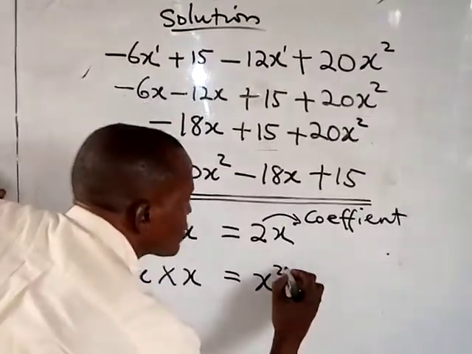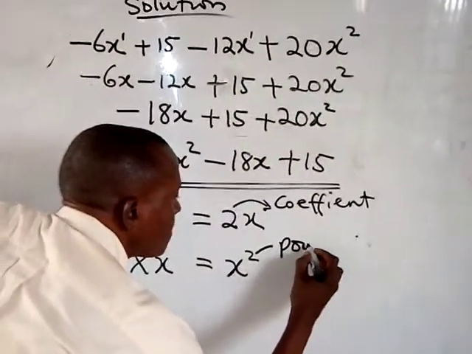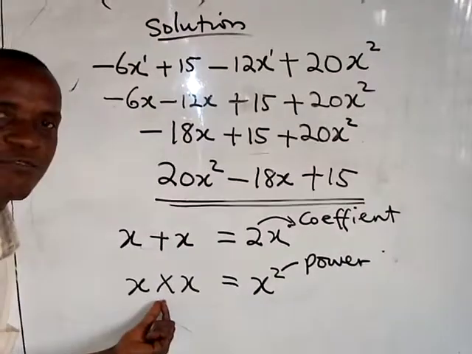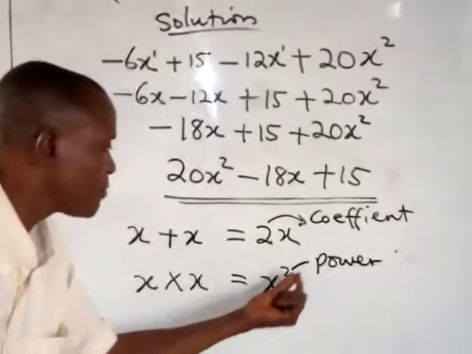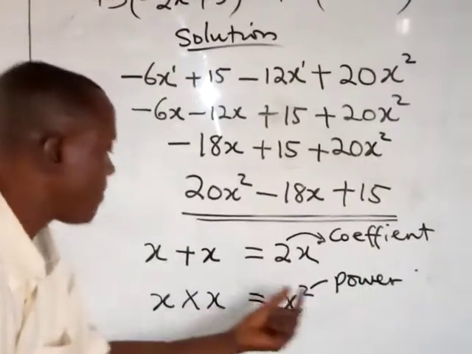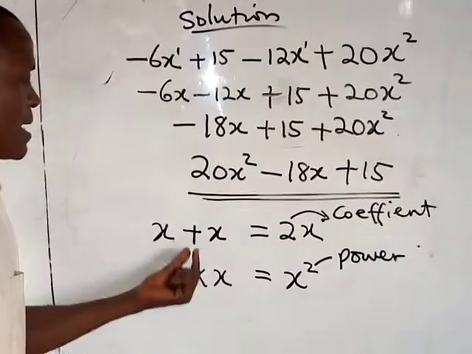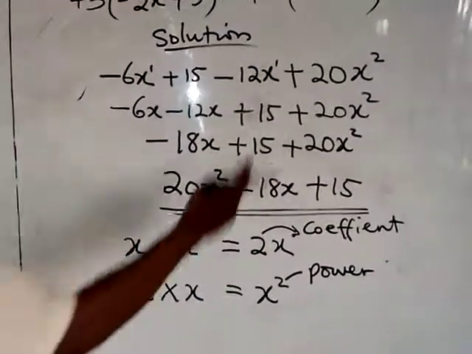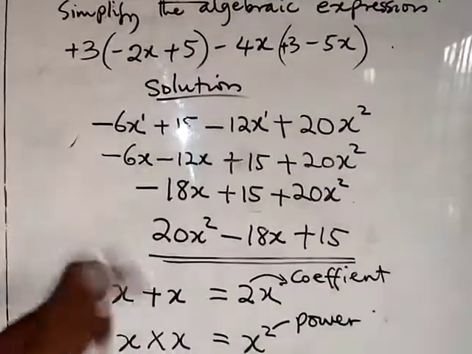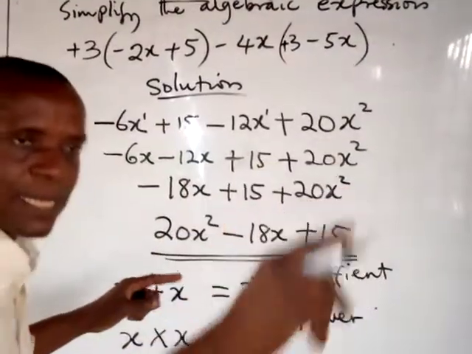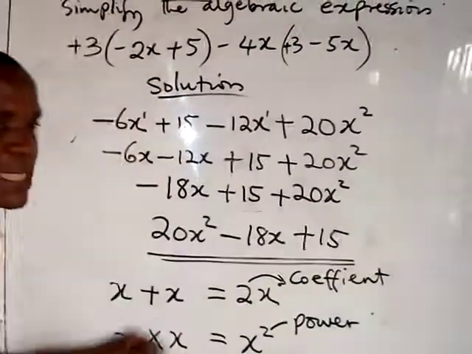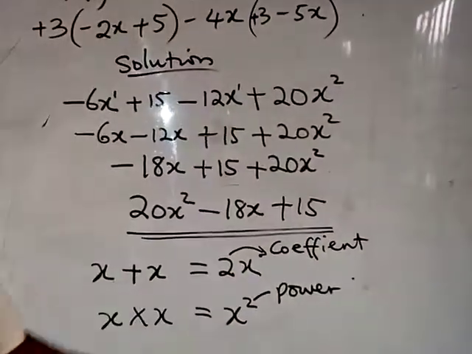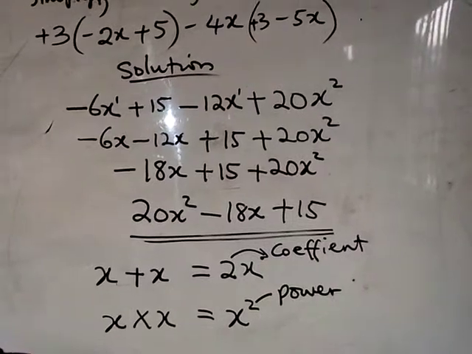While power, this 2 is called power. Power is a result of multiplication. So there's a big difference between coefficient and power. Power is a result of multiplication, and coefficient is a result of what? Addition. So x times x is equal to x squared, but x plus x is equal to 2x. And this, by the grace of God, I've done justice, and I hope there is no confusion.